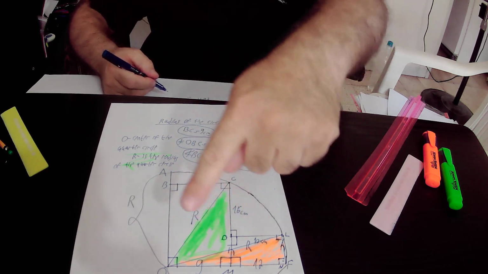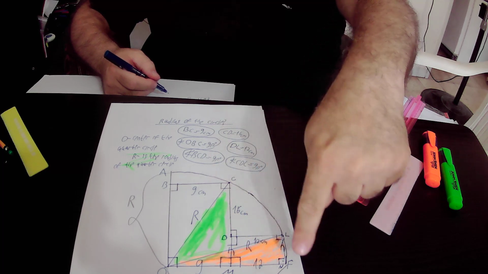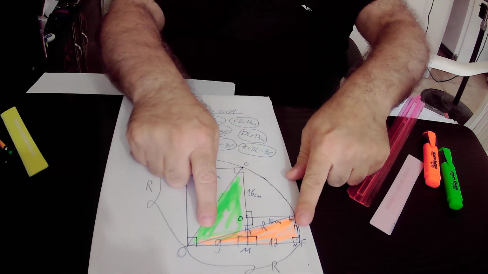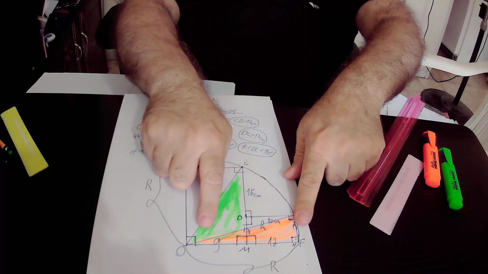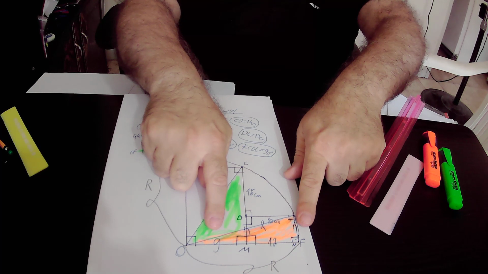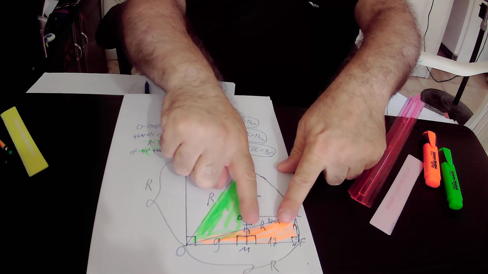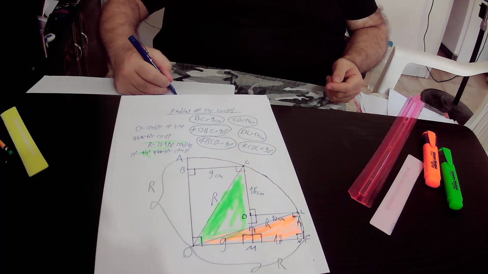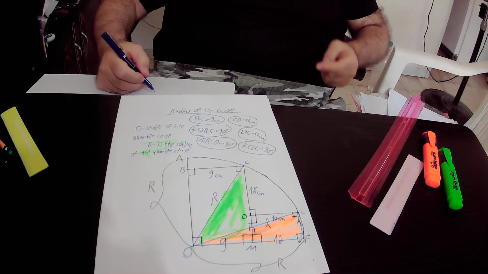ON, as I already mentioned, equals OM plus MN. That is OM, which is 9, plus MN, which is 12. 9 plus 12 is 21. So ON equals 21, and the equation is R square equals 21 square plus LN square.